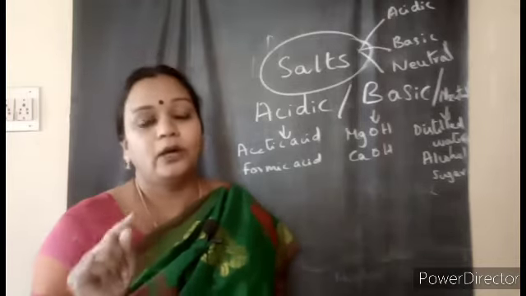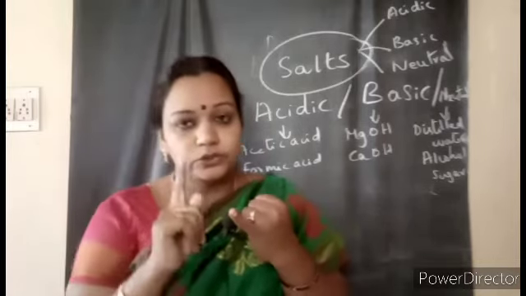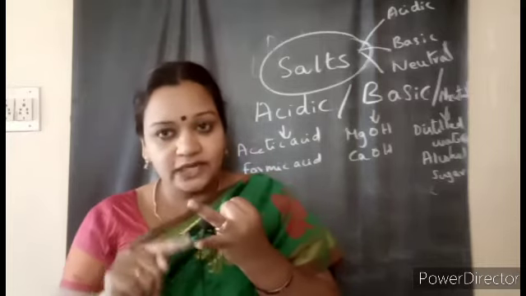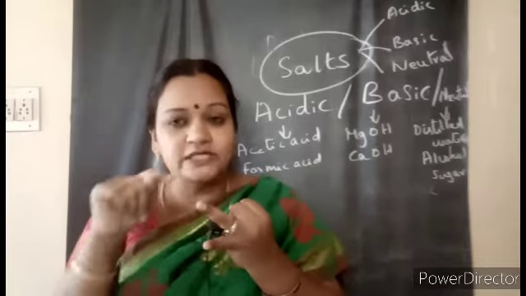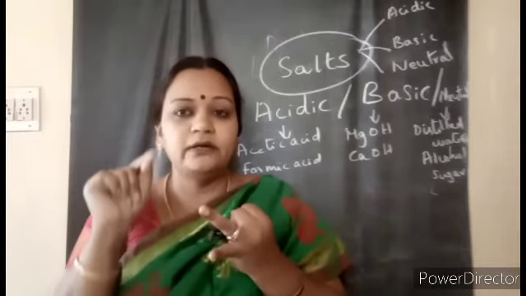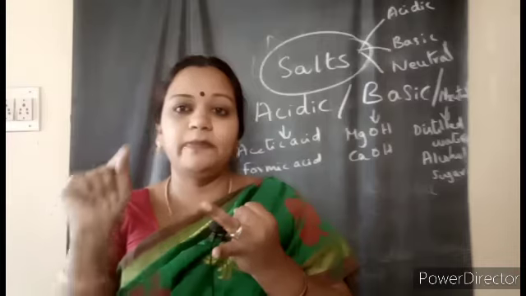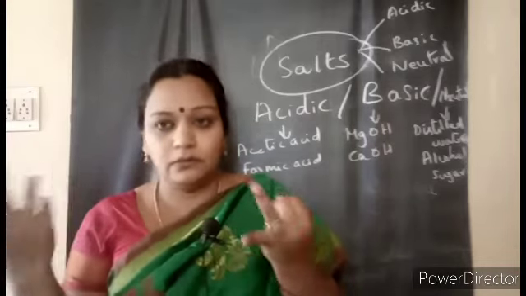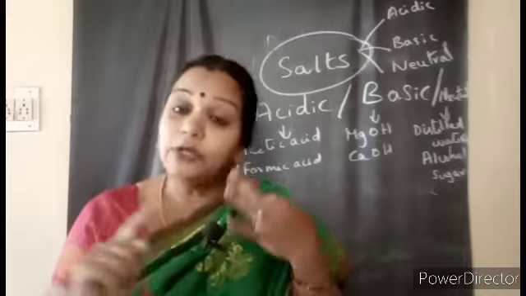Yes, children, by now I hope you understood what acids and bases are and how to test them. When you are testing for acids and bases, one confusion may come: when there is no color change with turmeric paper or litmus paper, is it confirmly an acid or base, or what can be written? It can be neutral also.